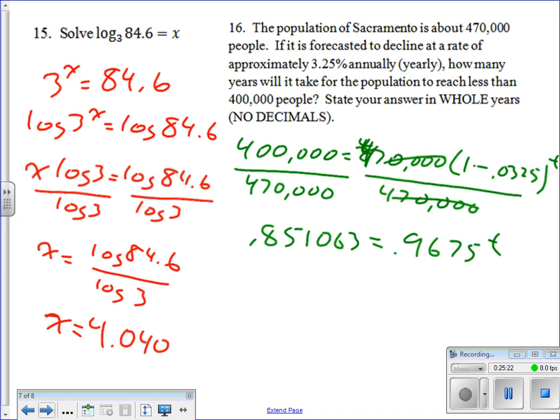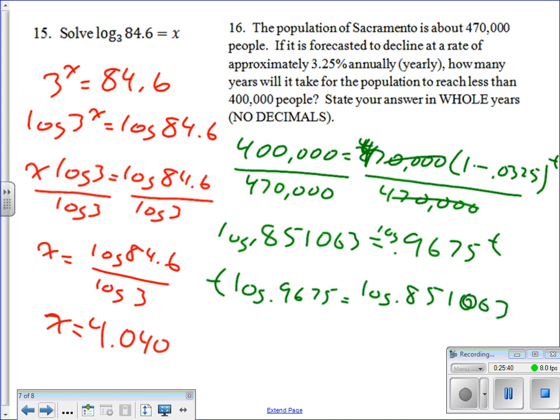So now I take the log of both sides, bring the t down out in front, so I get t log of 0.9675 equals the log of 0.851063.